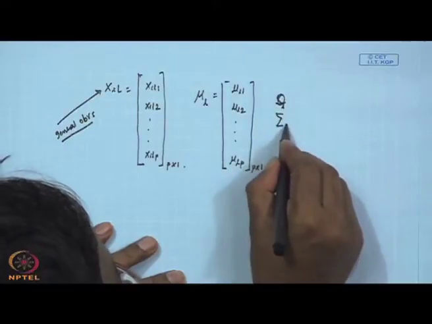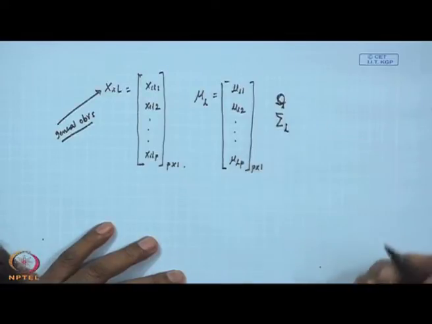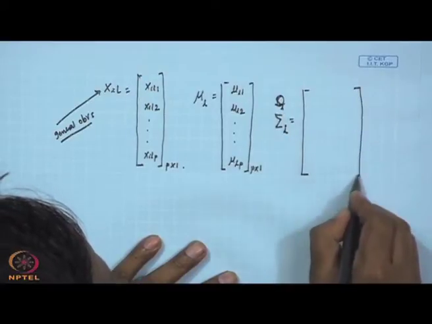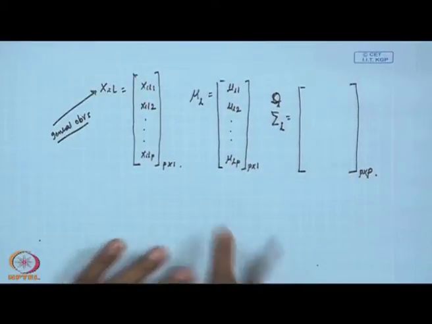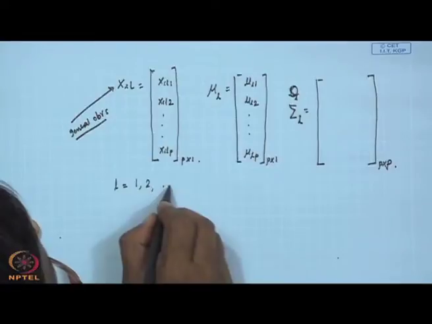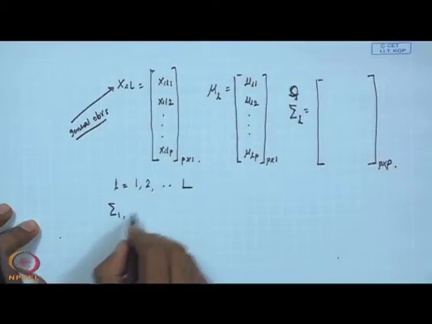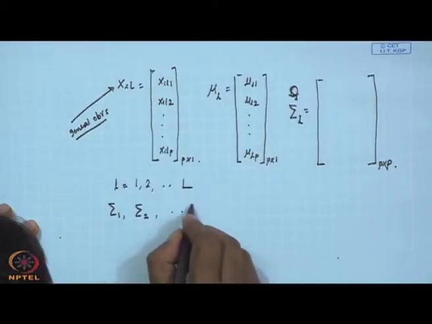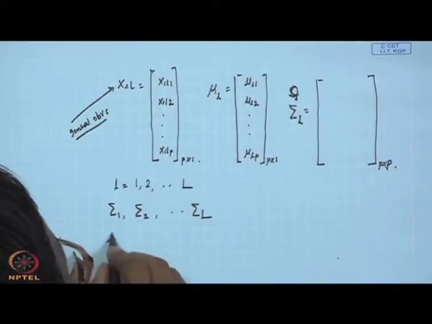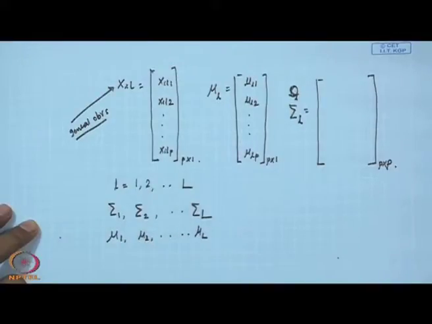If I write it as sigma L, instead of S, which we write when we take the sample, this will also be a p cross p matrix. Your L varies from 1 to capital L. So, there will be sigma 1, sigma 2, like this sigma capital L. Similarly there will be mu 1, mu 2, mu capital L.